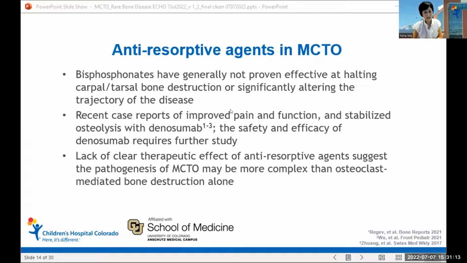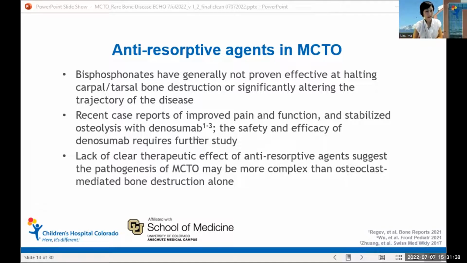But nonetheless, because of the disappointing historical experience with bisphosphonate therapy, some patients have been treated with denosumab. And in the few published case reports that had used denosumab, they report improved pain and joint function, as well as stabilization of osteolysis in one of the case reports.